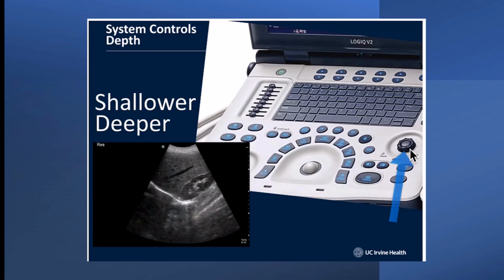Ultrasound waves are attenuated by the body, and the deeper they go, the weaker they become. We can actually adjust how deep these waves enter the body by using the depth control on our ultrasound machine.